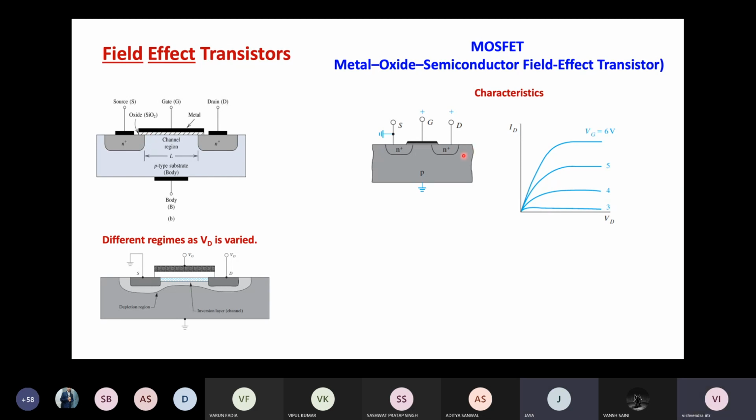So the thing is that when a gate voltage is applied, a very thin layer of electrons is deposited here. This inversion layer is a layer of electrons in a p-type material. And please be careful that this is a p-type material.